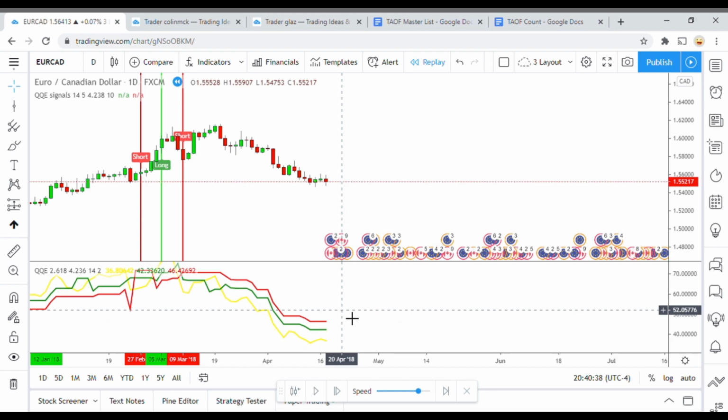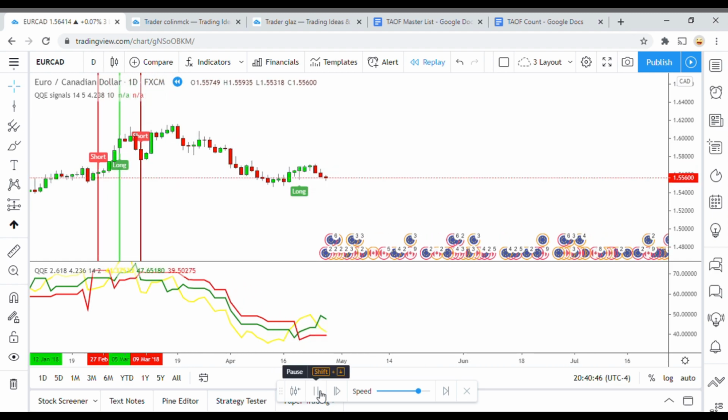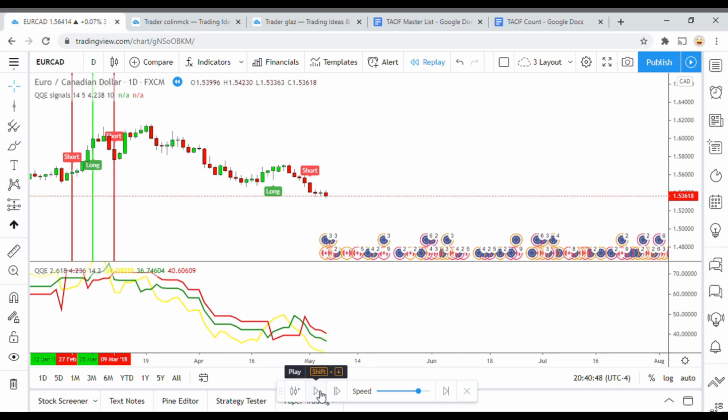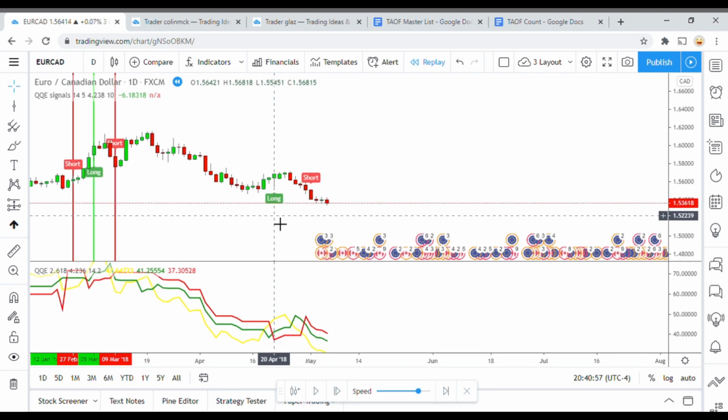That's something that we also have to keep in mind when we are looking at these indicators, is that it's not a bad idea to try to identify a continuation signal that your trading system will be able to provide.